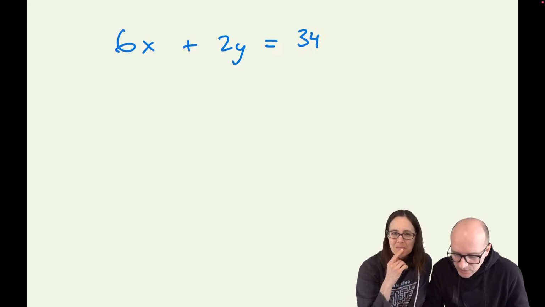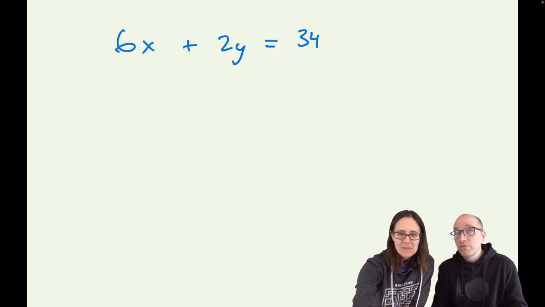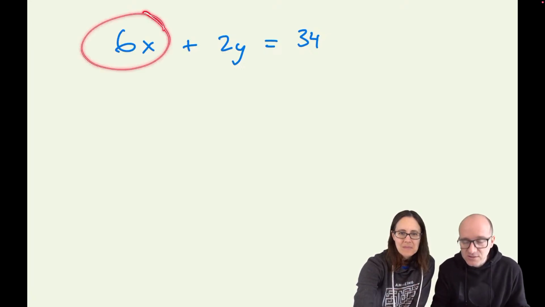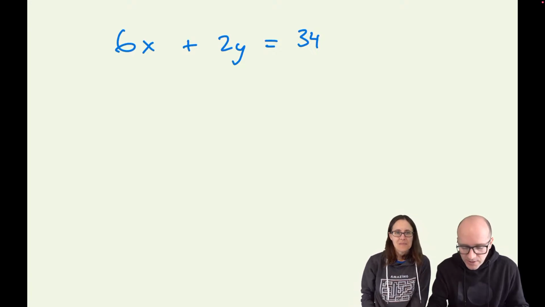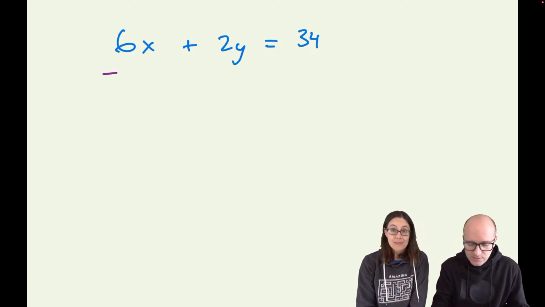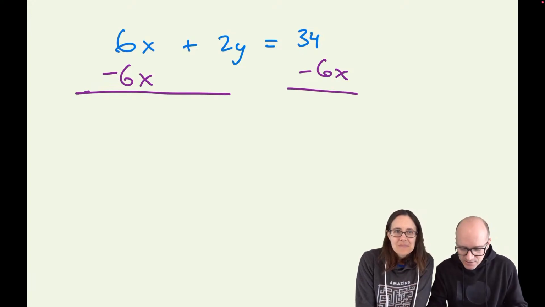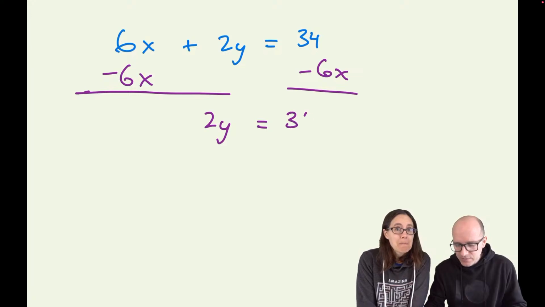Okay, so how do I get y by itself? Well, I have to undo whatever's happening to y, and typically I start with what's happening most indirectly. So this adding of 6x. How do I undo a plus 6x? You subtract 6x. Okay, and I'm going to do it to both sides of the equation. On the left, I'm just going to be left with 2y, and on the right, 34 minus 6x.